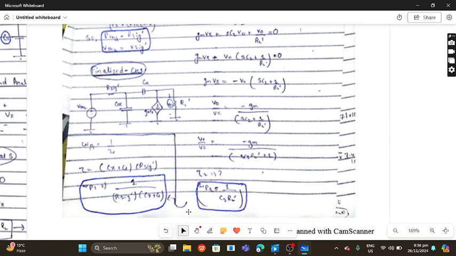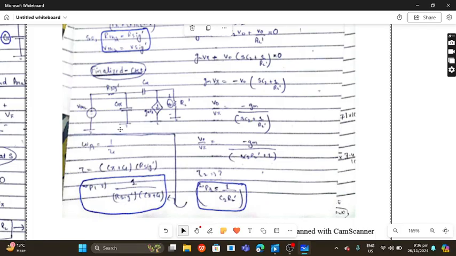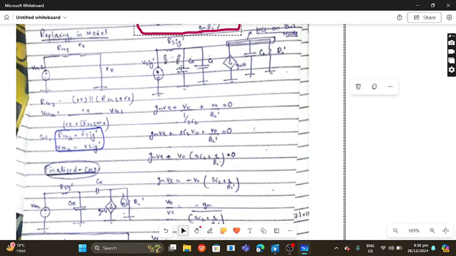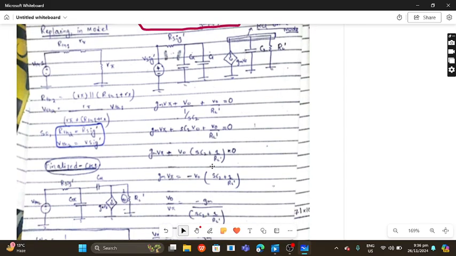In order to find the next pole, 1 by tau 1, simply you can see here both the capacitors add up in parallel and multiply with R, because tau is RC and omega is 1 by tau.